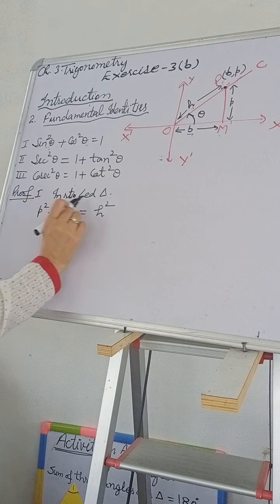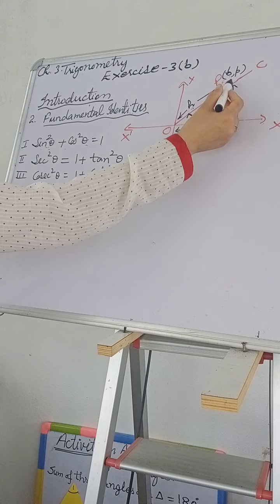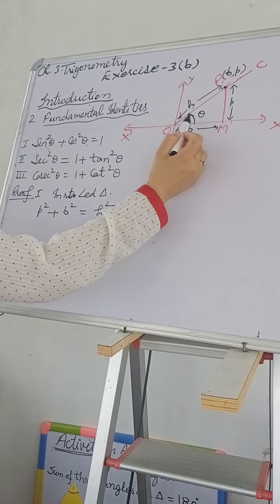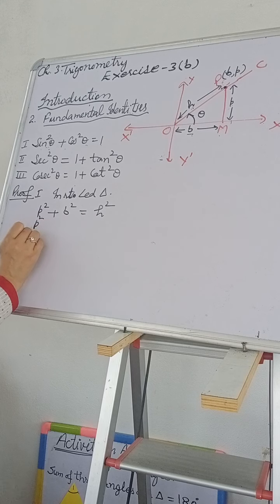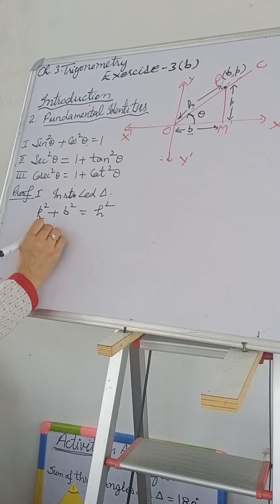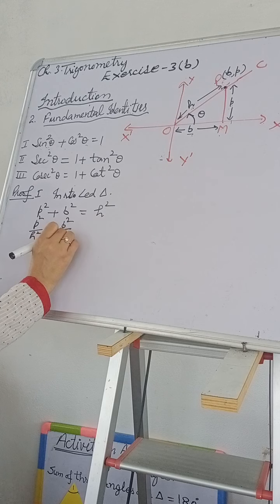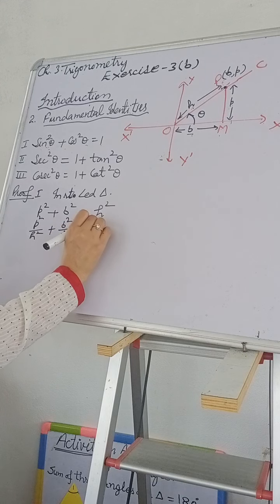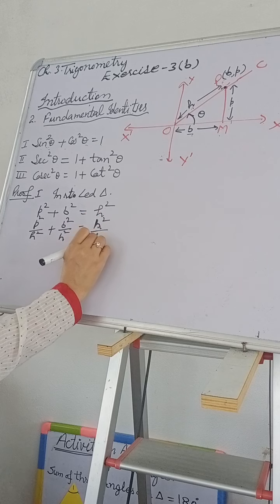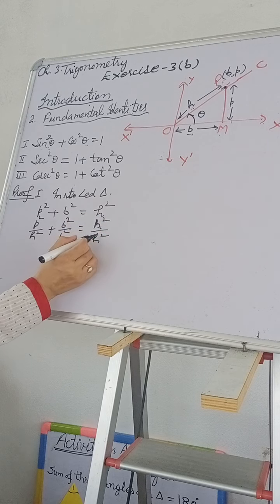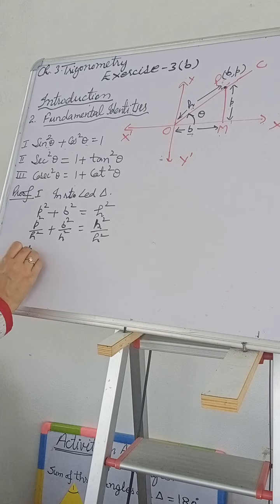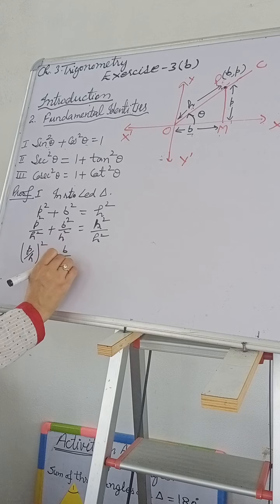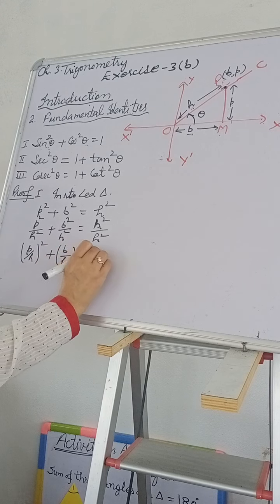See, in a right angle triangle, perpendicular square plus base square is equal to hypotenuse square. If I divide by hypotenuse square, perpendicular square upon hypotenuse square plus base square upon hypotenuse square is equal to hypotenuse square upon hypotenuse square, which gives 1.